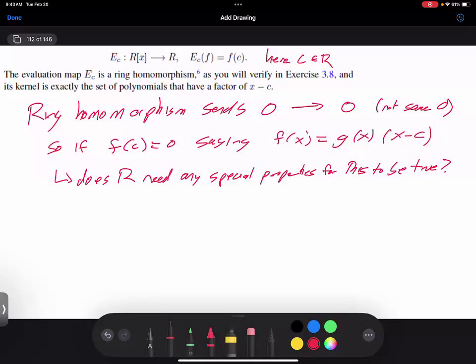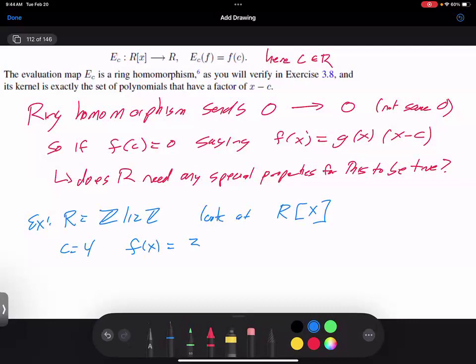So for example, maybe I take R to be the ring Z mod 12Z and look at R of x. And maybe I could take c equals 4. I could look at f of x is 3x.